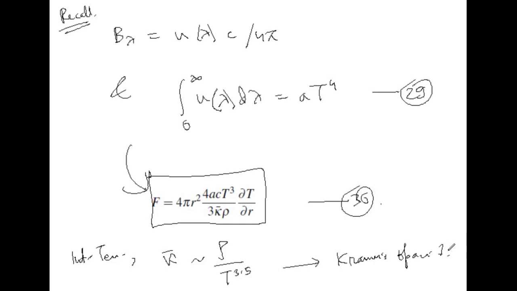Right, now the bound-free opacity average roughly follows this relation. I am not showing you any detailed derivation, just giving you the result: rho T to the power minus 7 by 2, or 3.5.